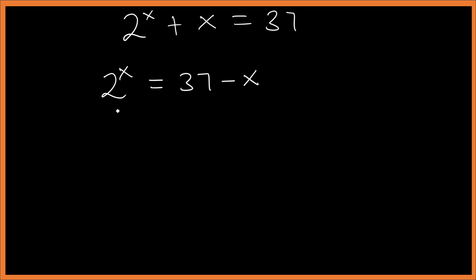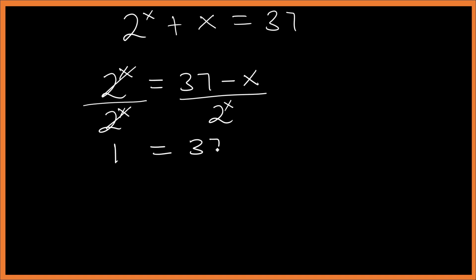Alright, so let's join this one to this by dividing both sides by 2 raised to x. So this one will cancel. I've left 1 here. So we have 37 minus x. Now remember, when we're given 1 over a exponent n, it's the same as a exponent minus n.